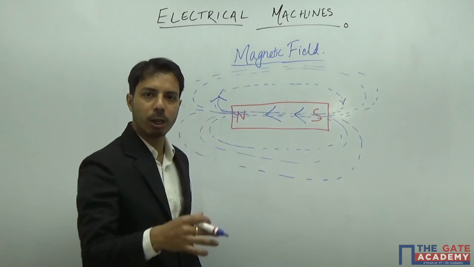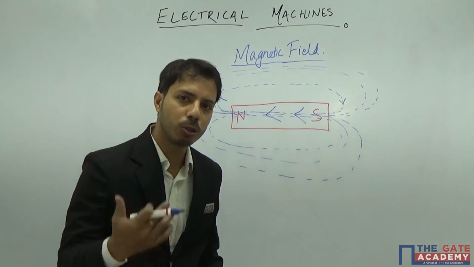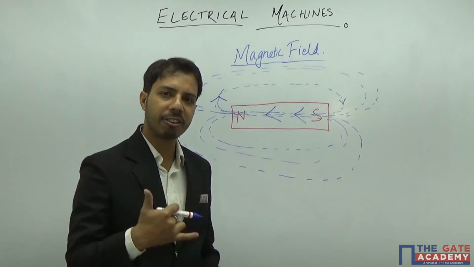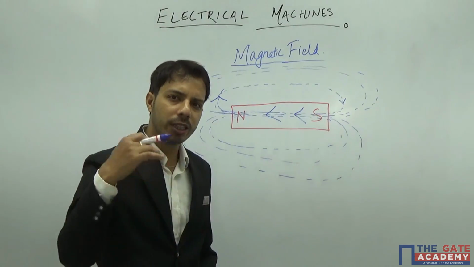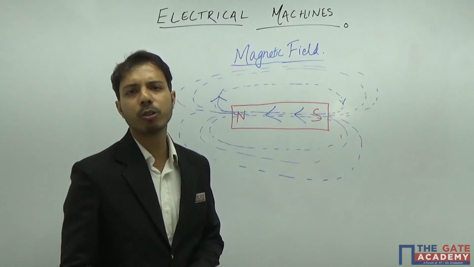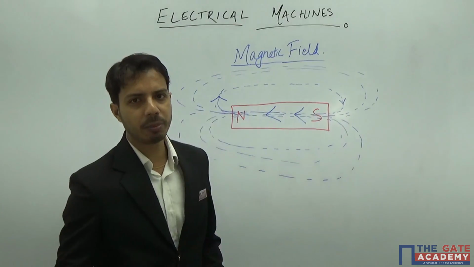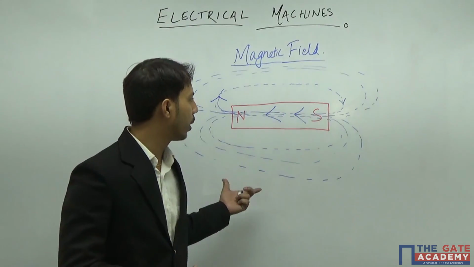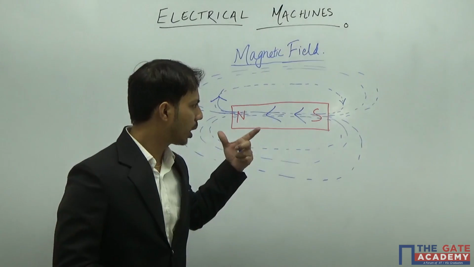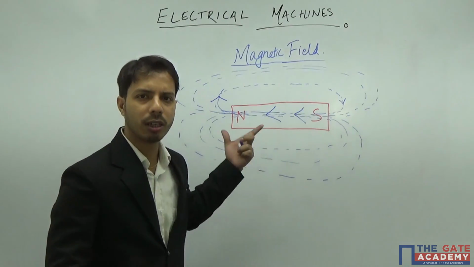So north to south outside the bar, south to north inside the bar. This convention will be followed whether you go for a bar magnet or an electromagnet, it doesn't matter. This concept is going to be followed everywhere.